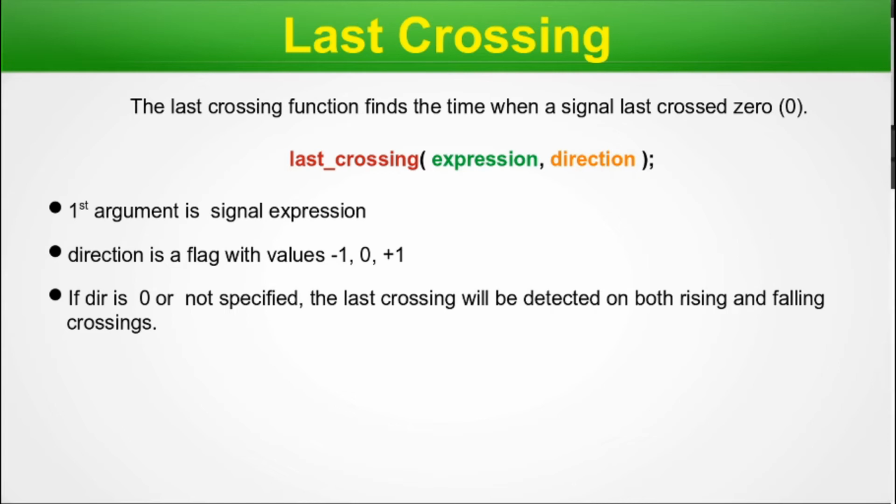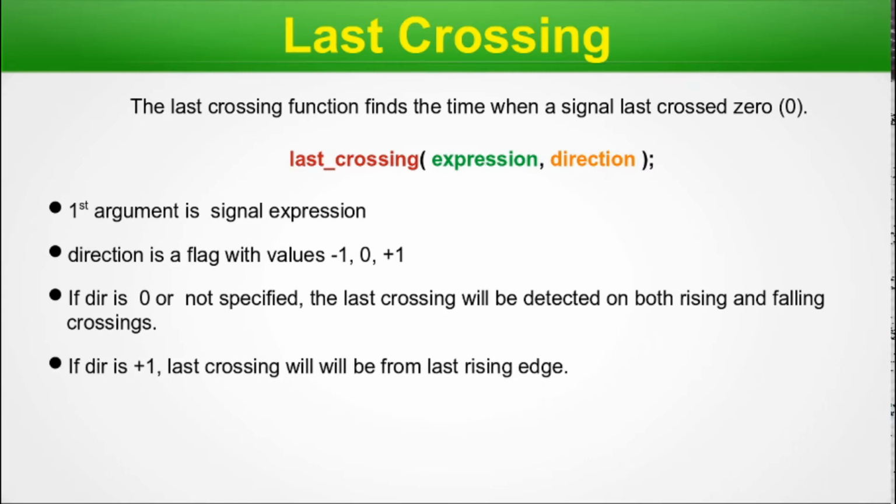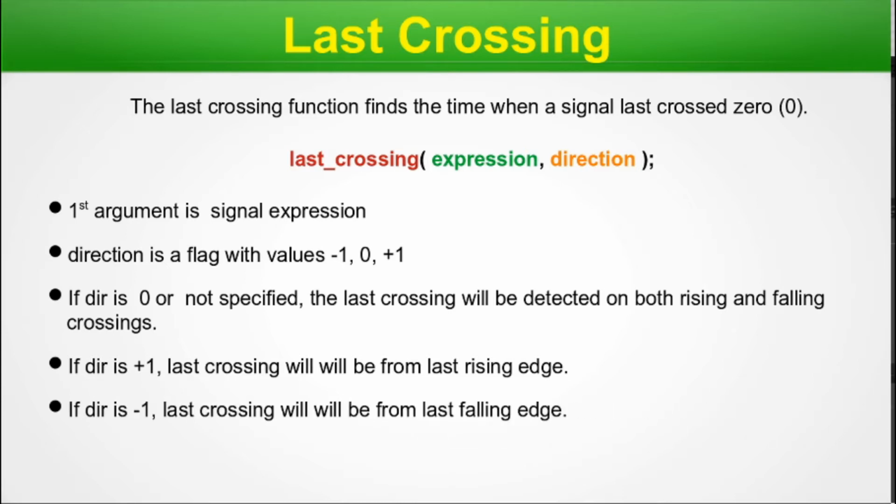If the direction is 0 or not specified, the last crossing will be detected on both rising and falling crossings. If the direction is +1, the last crossing will be from the last rising edge. If the direction is -1, the last crossing will be from the last falling edge.